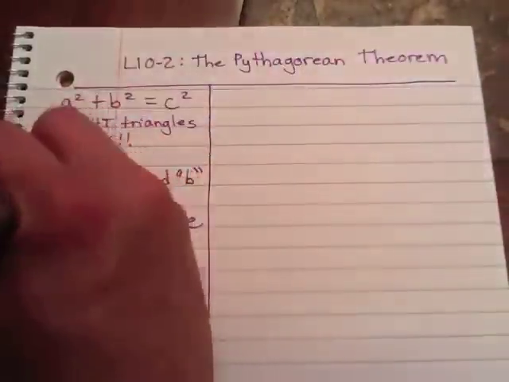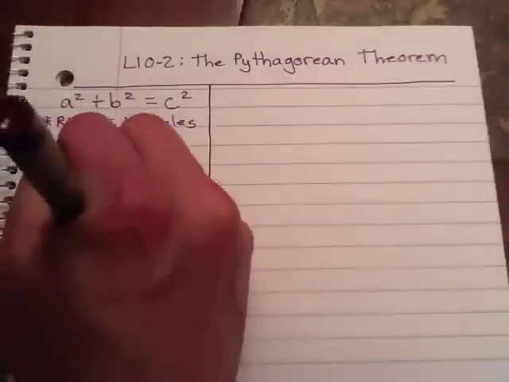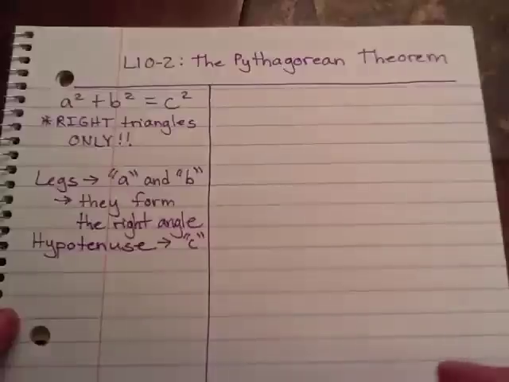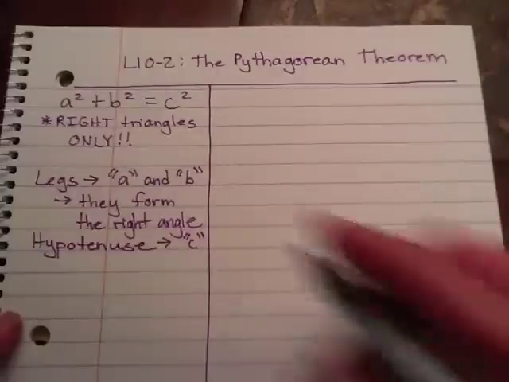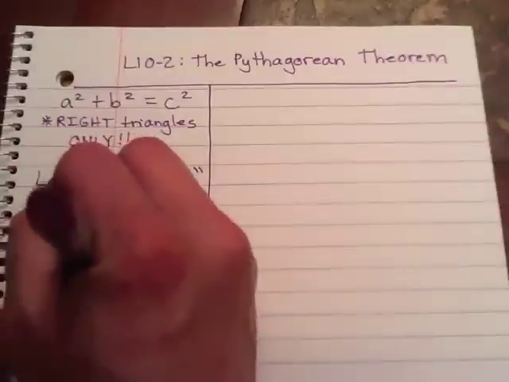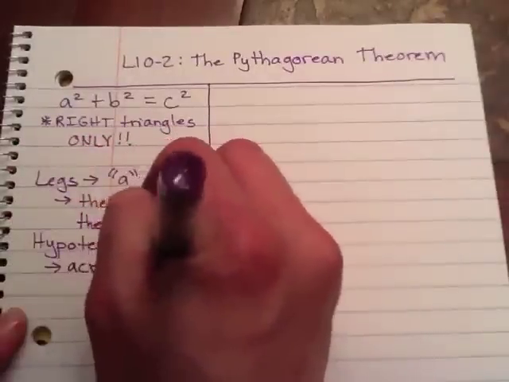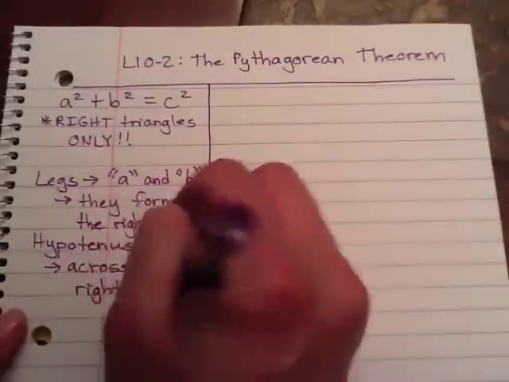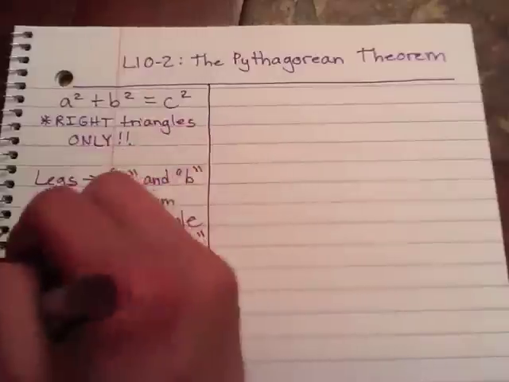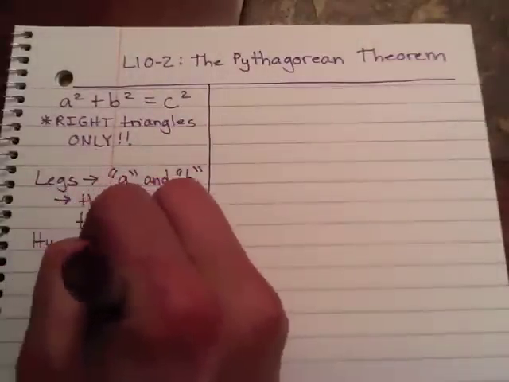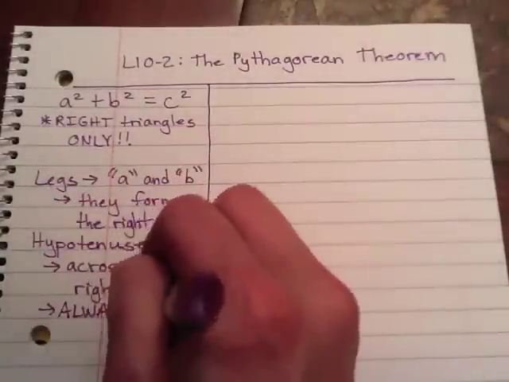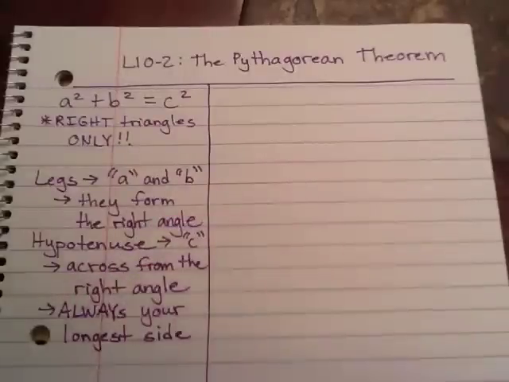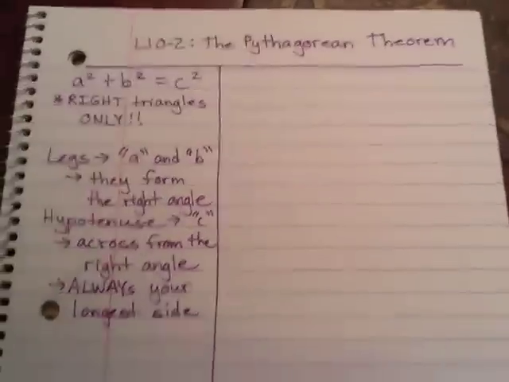And then the hypotenuse is your C. And the hypotenuse is always across from the right angle. And it's always your longest side. Even if it doesn't look longer in a picture, it always has to be the longest side.